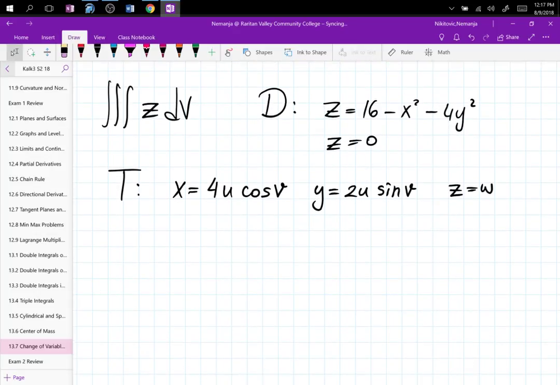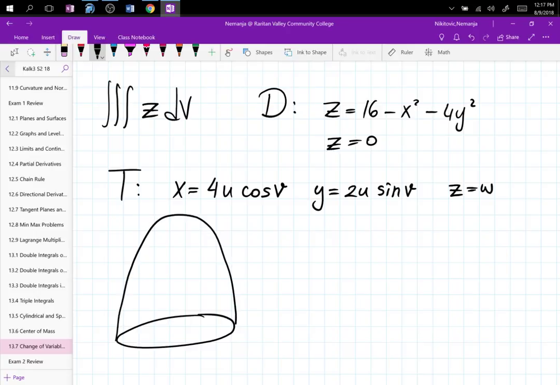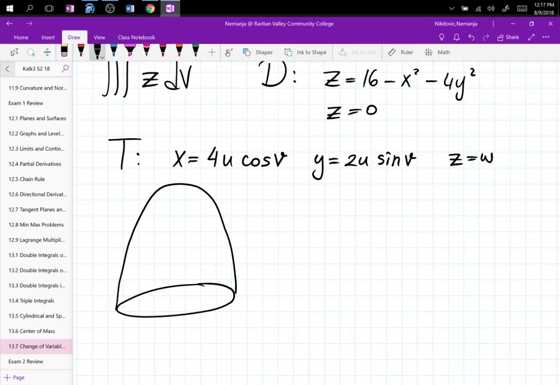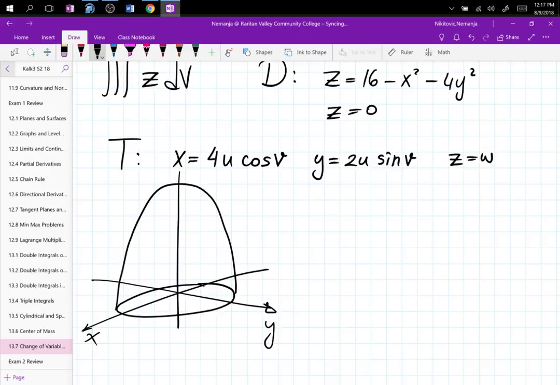So here's your 3D problem. Transform the region. We can actually draw this region. You draw some kind of an ellipse over here, and then the hat on it, and you put these x and y axes in, and there's your hat, I guess.